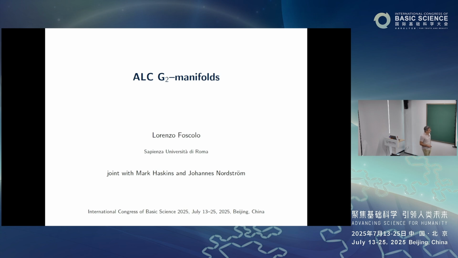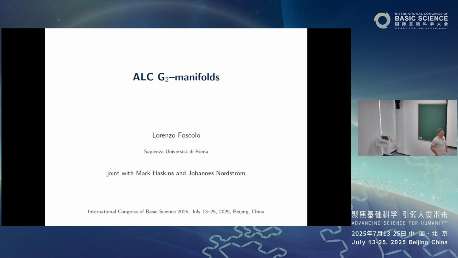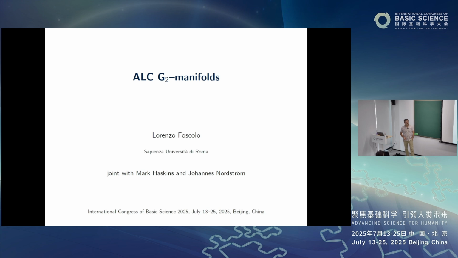So I'm a differential geometer, and I'm going to talk about something that very directly relates to the last part of the previous talk, about 2A and M theory duality and how G2 holonomy metrics arise from 2A solutions of a certain kind.